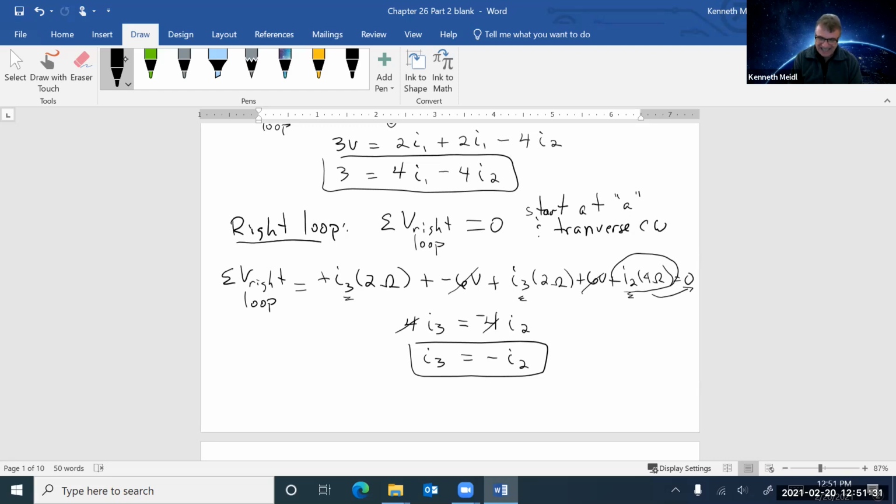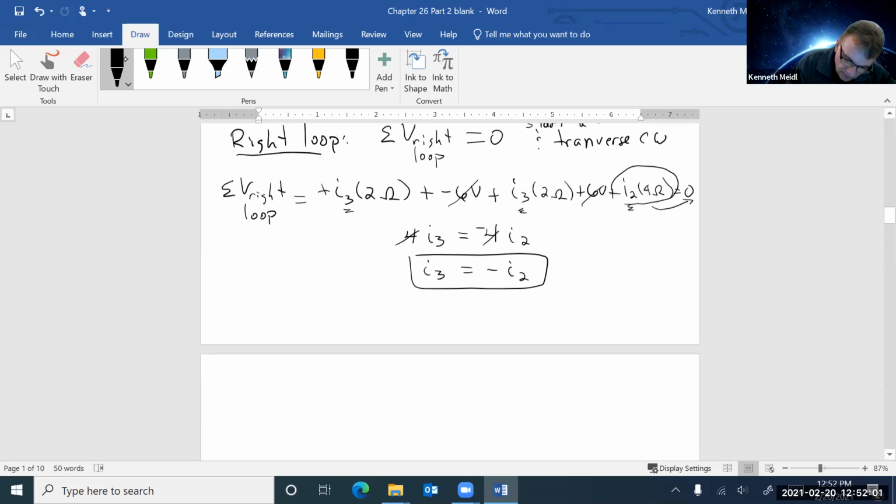Now what this means is that the size of I3, how many amps it is, is exactly the current that is in I2, except the direction is not correct. So they're in opposite directions or something like that. But now I've got maybe 3 equations here. And so we can start substituting and playing the algebra game here.